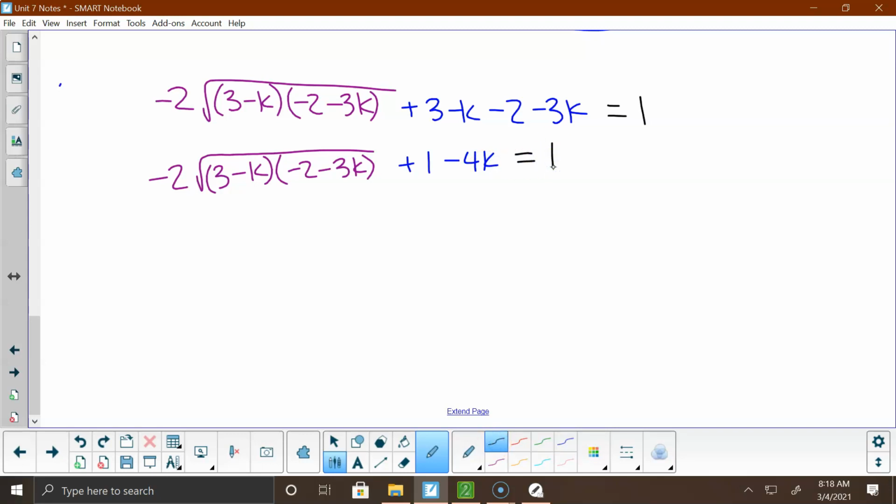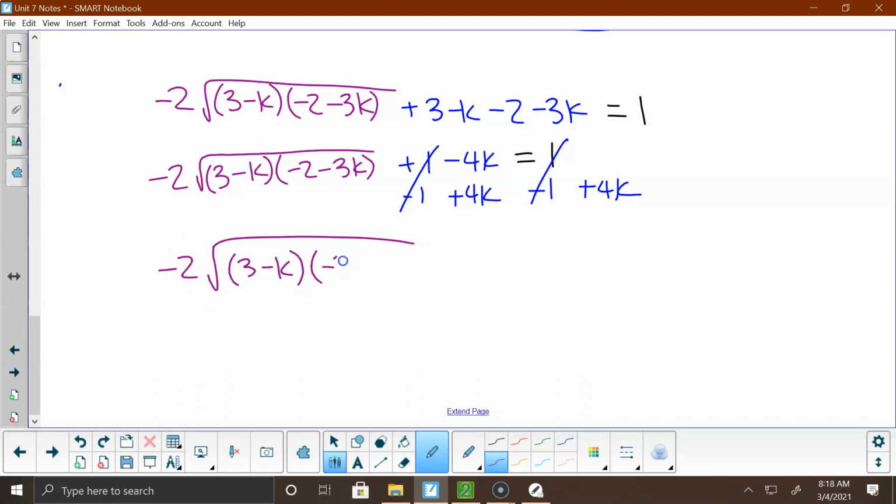Can I move everything in blue over to that right-hand side? So subtract here. Oop, that's nice. Those cancel. And then add 4k. Icky square root equals 4k.